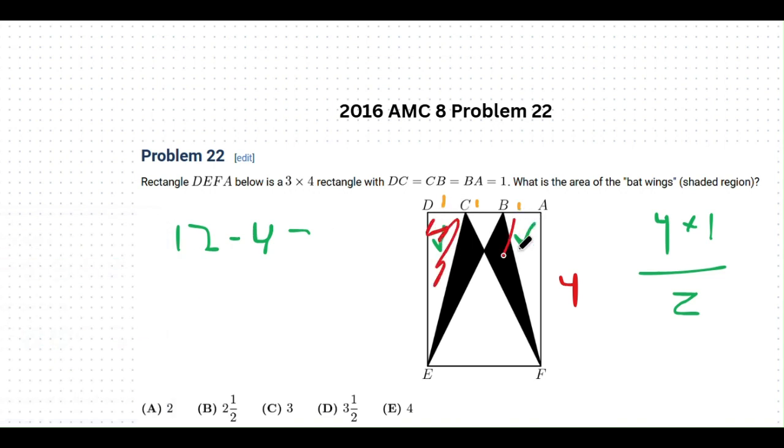Okay, so now we have to find the area of this and this. We know that this base is 3, and then this is 1, right? So we can use something called similar triangles here. If this is a new concept, let me explain.